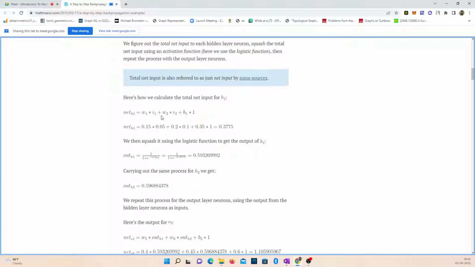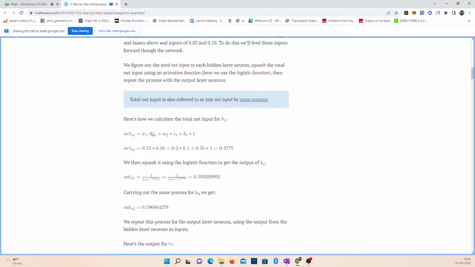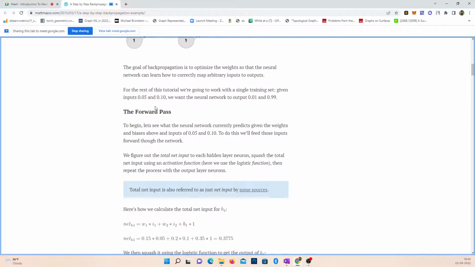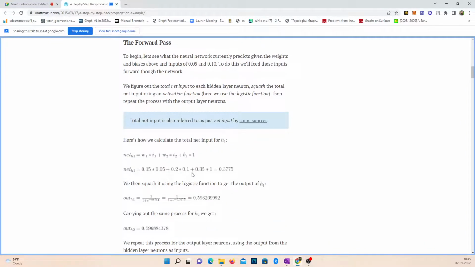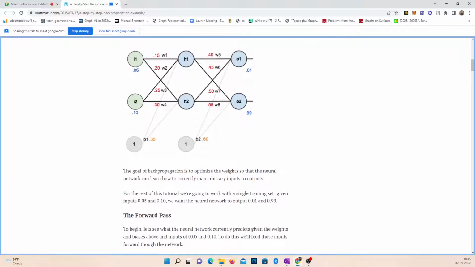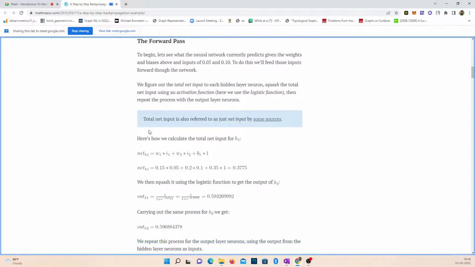So he is using this specific data point, 0.05 and 0.1 is the initial data point that is passing over here, as he has mentioned.